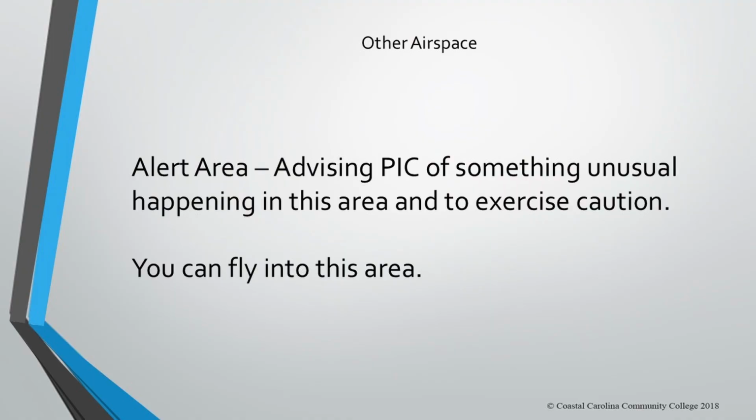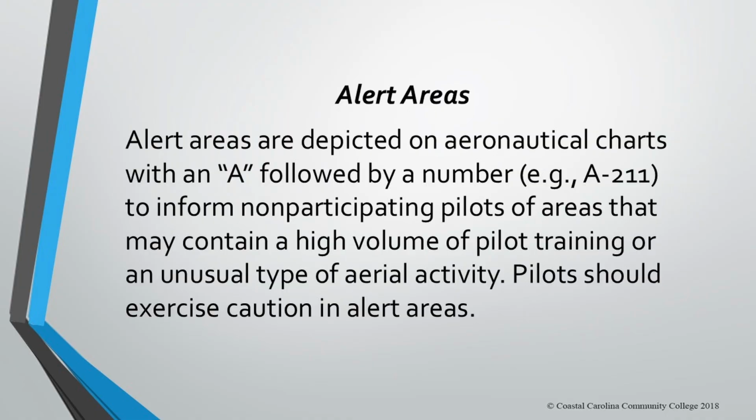Another special use airspace is called an alert area. An alert area advises the PIC of something unusual happening in this area and to exercise caution. You may fly in this area. Alert areas are depicted on aeronautical charts with an A followed by numbering.